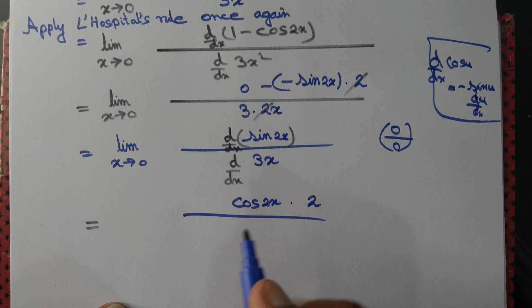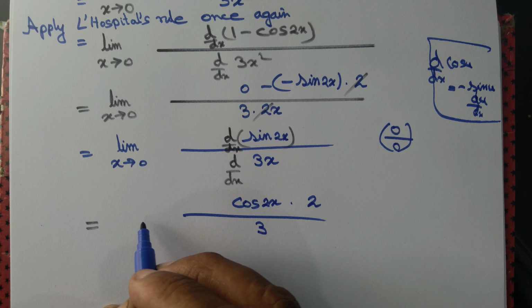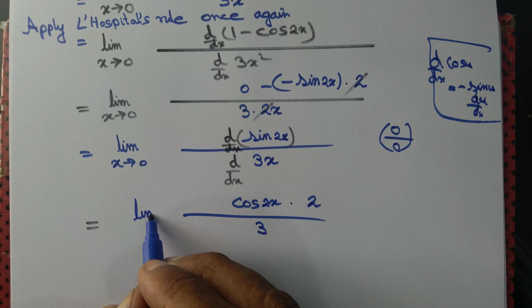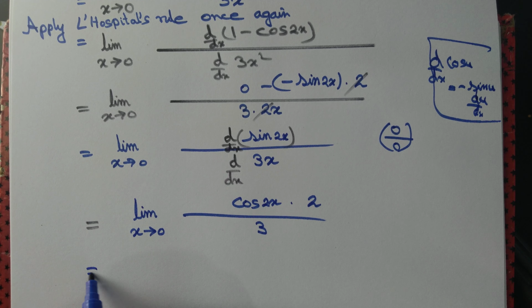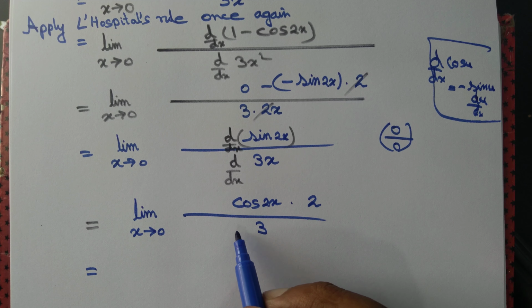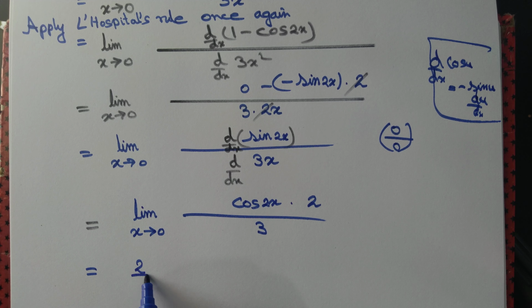The derivative of 3x is just 3. As x tends to 0, cos 2x tends to 1, so the ratio is simply equal to 2 by 3. And that's the final answer.